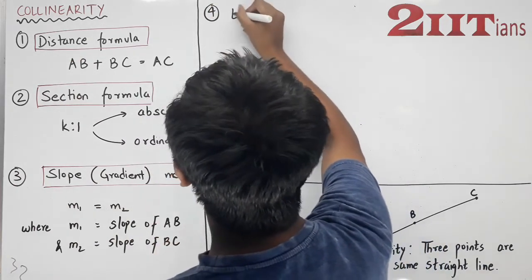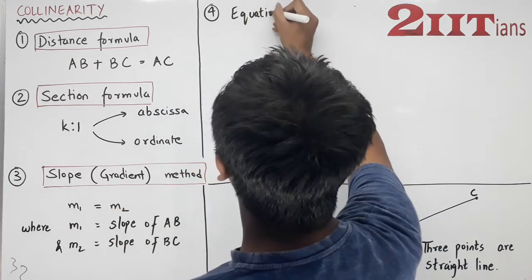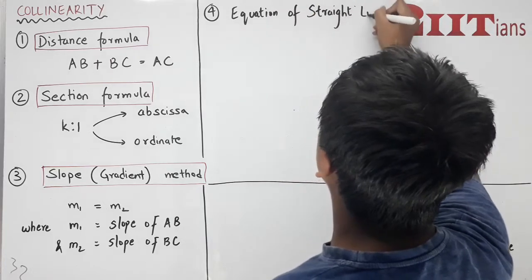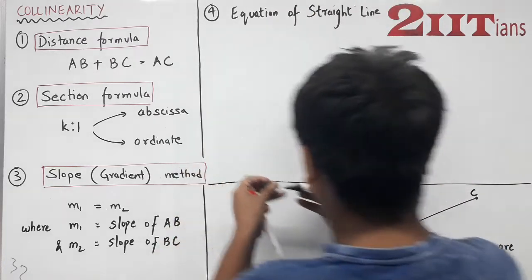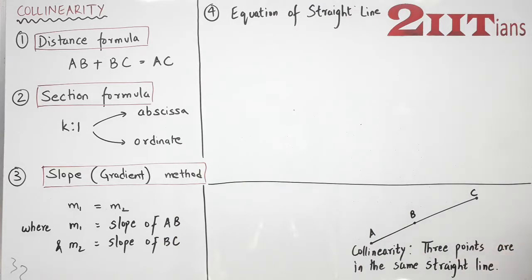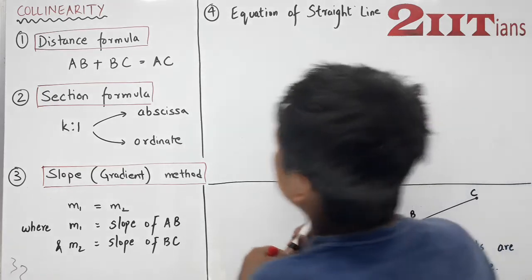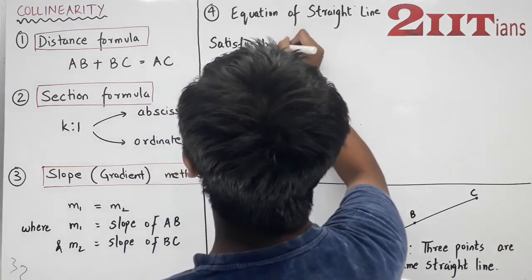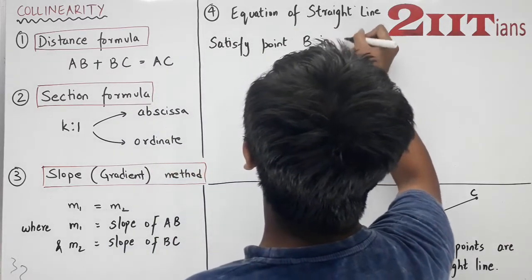Now the fourth method. I wanted all the methods to come in the same screenshot. The fourth method is equation of straight line. Okay, what we will do here, we will find out the equation of the line AC and satisfy the point B on the straight line AC. If it satisfies, then it means that A, B and C are on the same line.